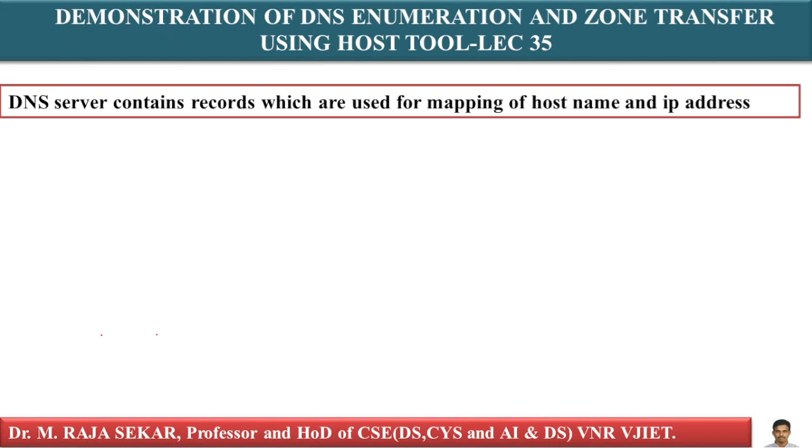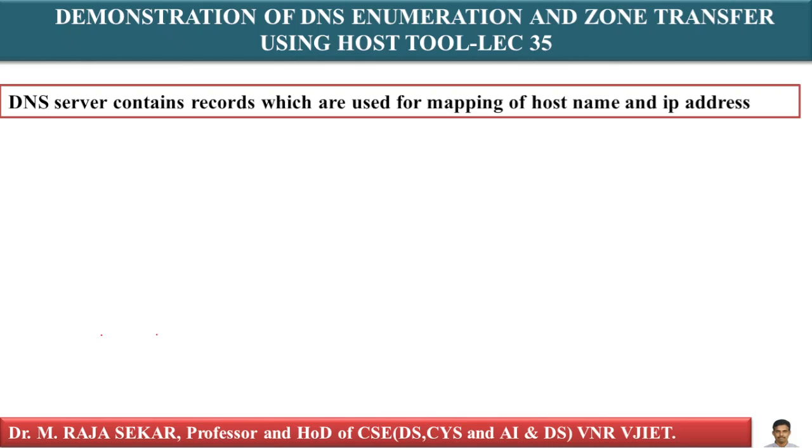So by enumerating DNS server and mail server, we can collect information such as host name, DNS record name, DNS record type, IP address of the system, expected size of the organization, the systems which we can target for attack, etc.